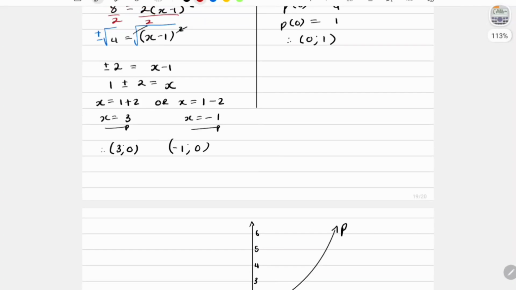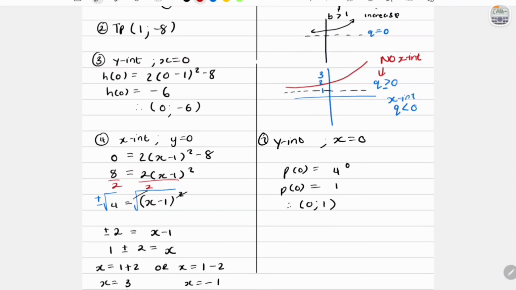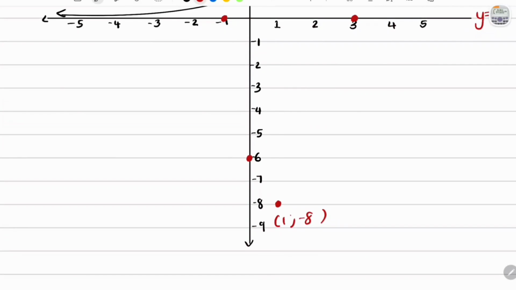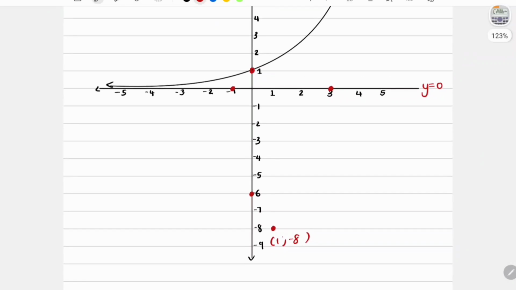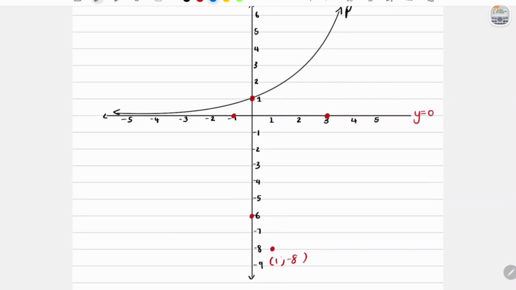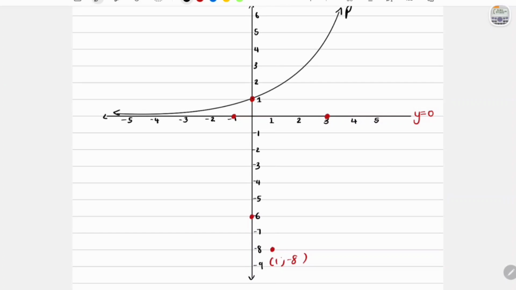Then the last coordinate you have to draw down is 0 and negative 6, the y-intercept of your parabola. So 0 and negative 6, meaning 0 on the x-axis, negative 6 on the y-axis. So there. I also don't have to write those coordinates because it is on an axis. And now we just have to draw it. So just connect it as best as you can.